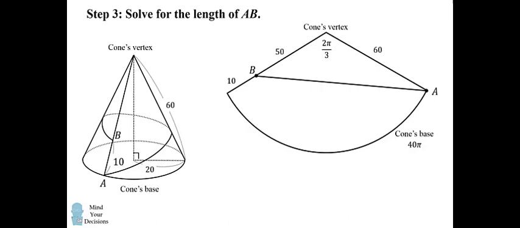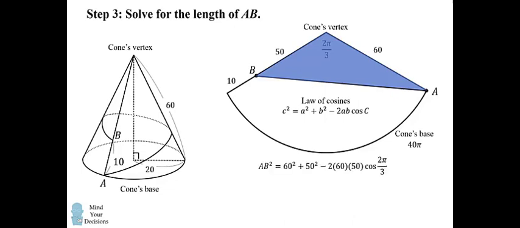We can use a little bit of trigonometry. Let's consider this triangle. We know 2 of its lengths, and we know the angle between those sides. So we can use the law of cosines to figure out the length of the third side. C squared is equal to A squared plus B squared minus 2AB times cosine of capital C, the angle between those two sides.